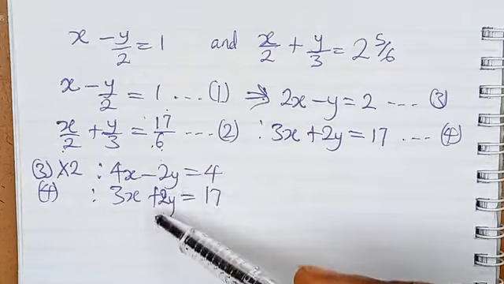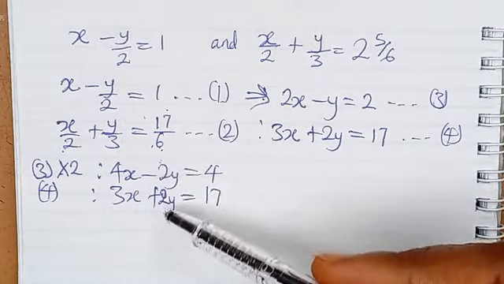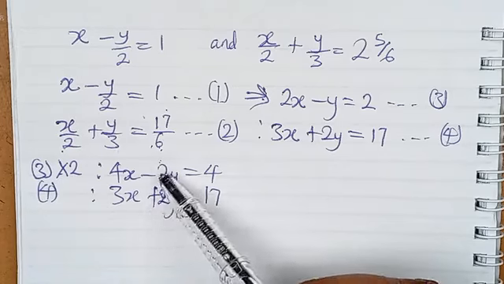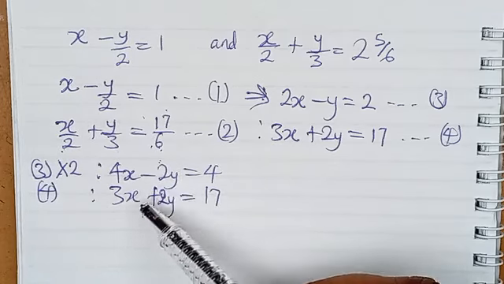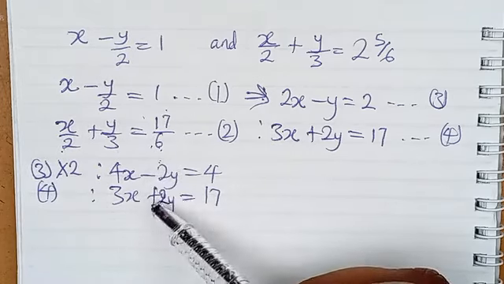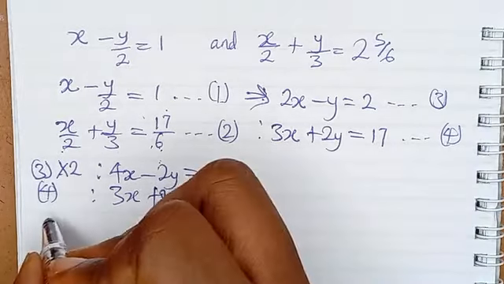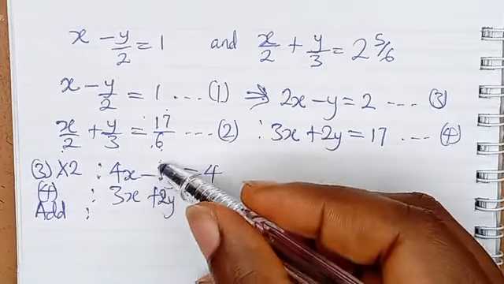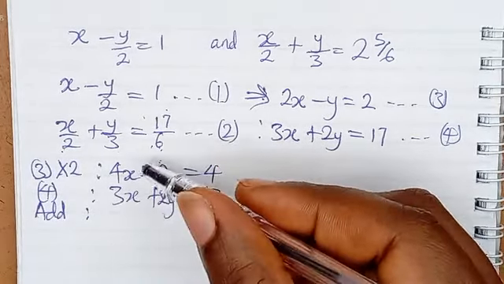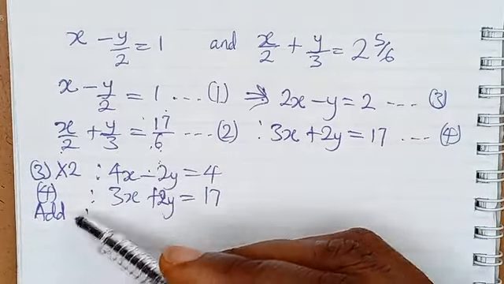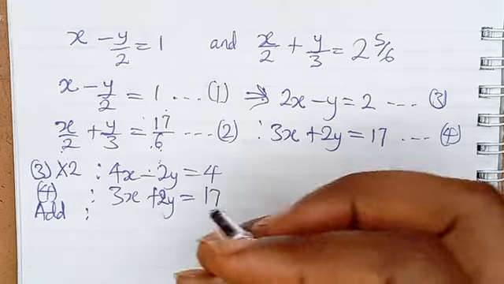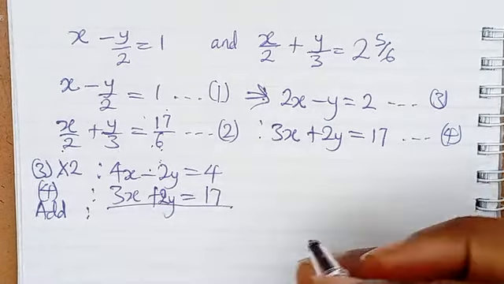Now looking at the ones we want to eliminate, when we add them up, that is minus 2 plus 2, that is 0. So we eliminate by adding. If you've noticed, if the ones we want to eliminate carry opposite signs, we usually add. If they carry the same sign, minus minus or plus plus, we usually subtract to eliminate them.